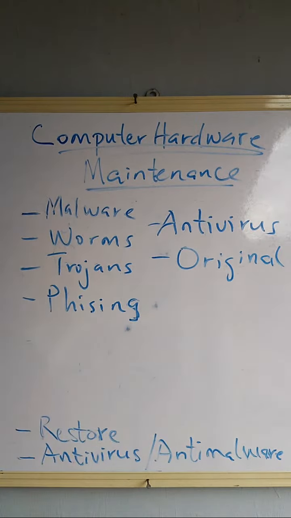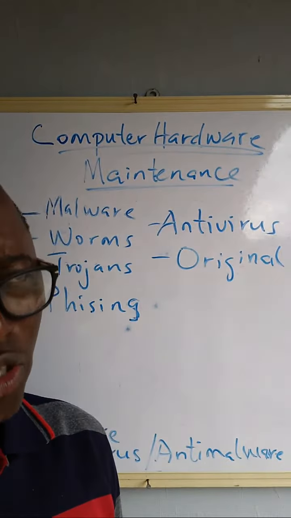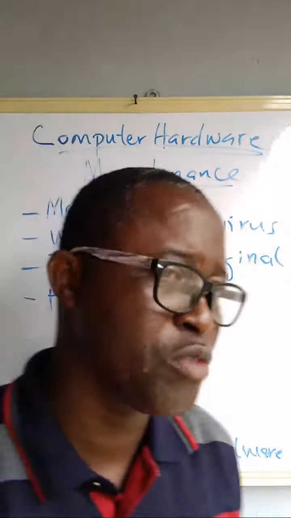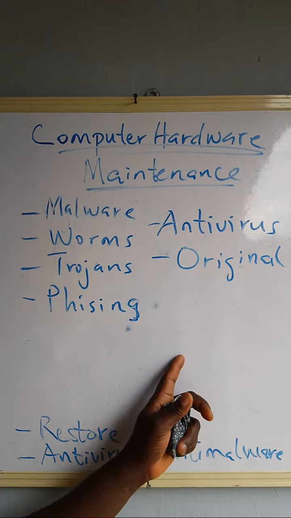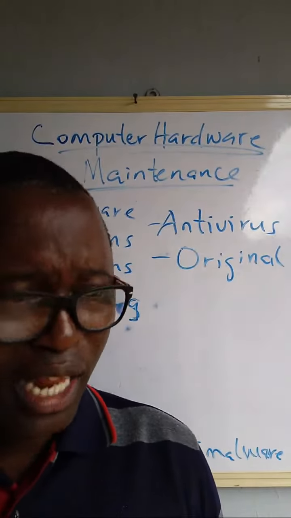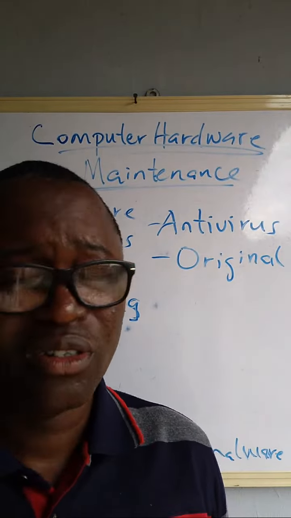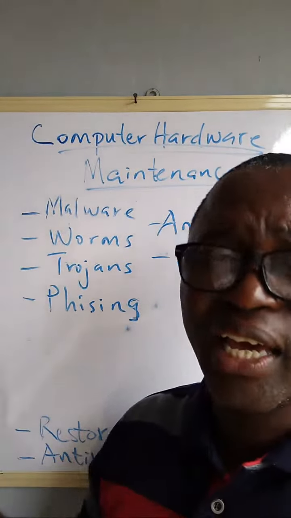Now, when you have the antivirus installed, immediately you finish the installation, there's work to be done. The work is that you must update the antivirus. The virus definition files of the antivirus must be updated. Why is this necessary? It is necessary because the antivirus you purchase and install today must have been produced, say, last week, 2 weeks ago, 1 month ago, 3 months ago, 6 months ago, or even 1 year ago.